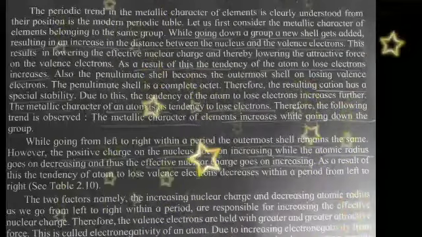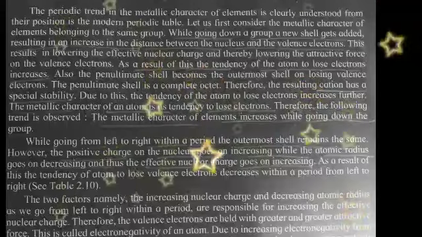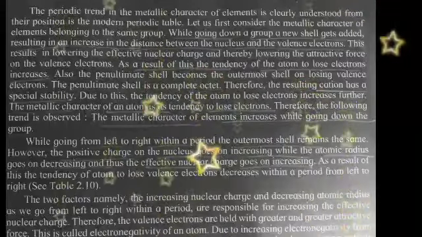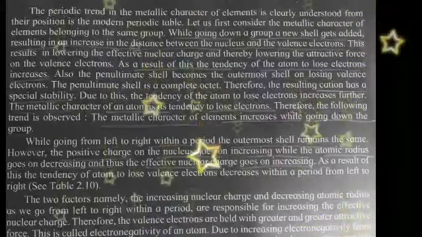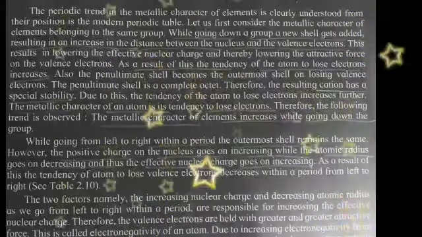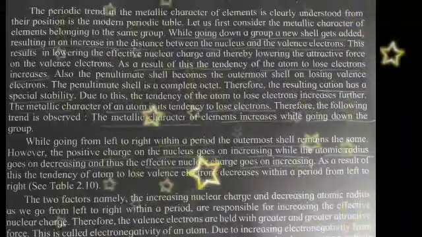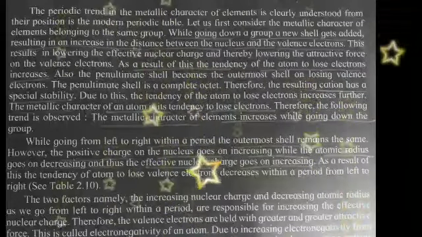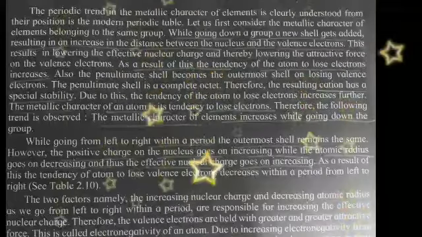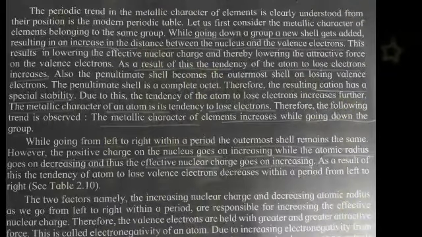The increasing nuclear charge and decreasing atomic radius as we go from left to right within a period are responsible for increasing the effective nuclear charge. Therefore, the valence electrons are held with greater and greater attractive force, and this is called the electronegativity of an atom.